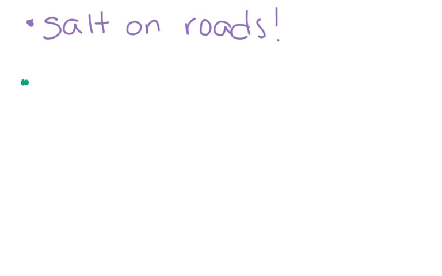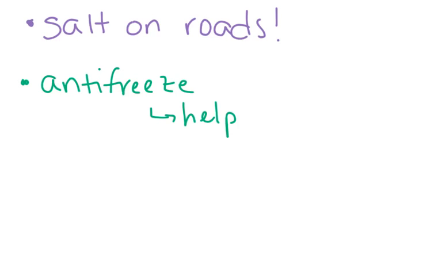Another example is in your car, you have antifreeze in your radiator, which during the winter months, especially further north from here, helps keep the water in your radiator from freezing and then cracking and then spending lots and lots of money. In places where it's really warm for an extended period of time, like down in the south, we really don't have to deal with this too much. But antifreeze will also help keep it from boiling.